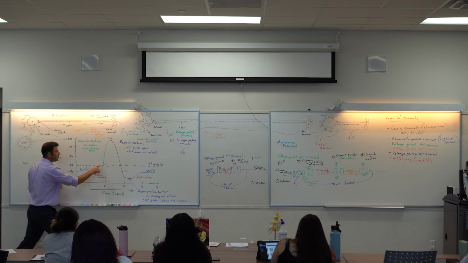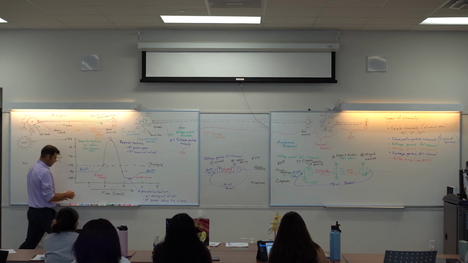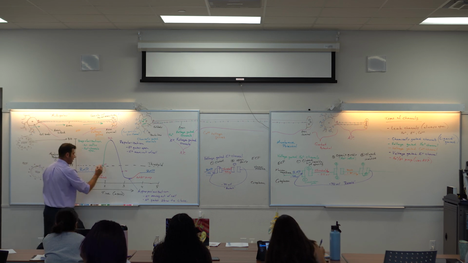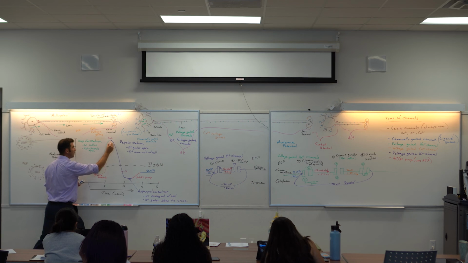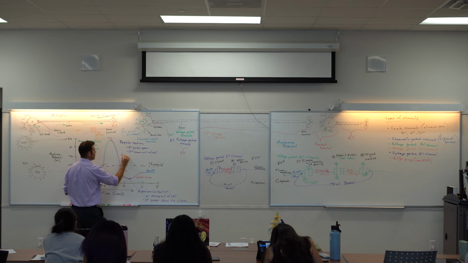And then as soon as we cross threshold, from here, once we get above threshold all the way down to crossing this again and hyperpolarizing, the whole second half of this is the action potential.